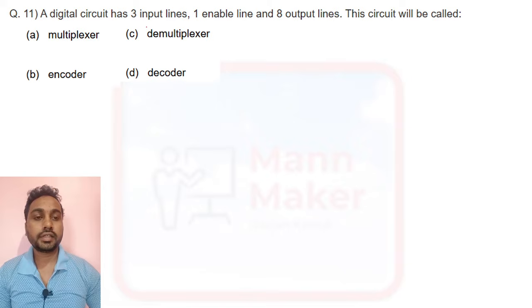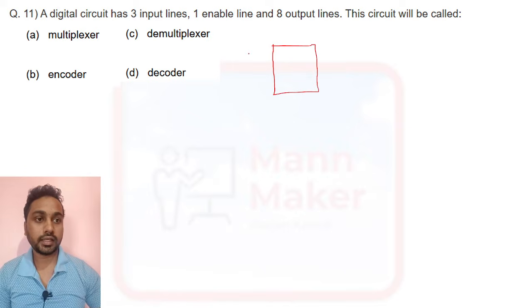A digital circuit has 3 input lines, 1 enable line, and 8 output lines. The circuit will be called what? Okay, this is the circuit they are describing: they have 3 input lines and 8 output lines, O0, O1, up to O7.